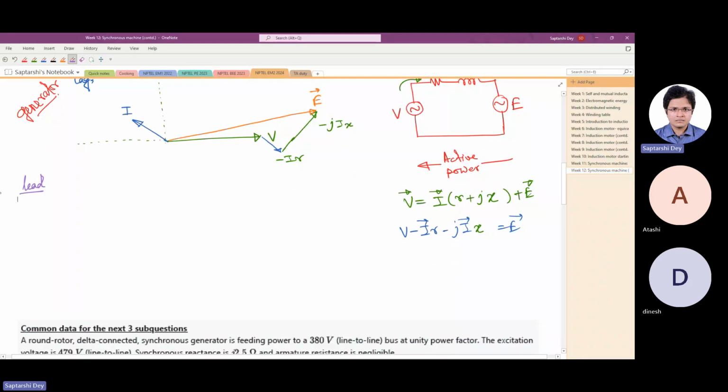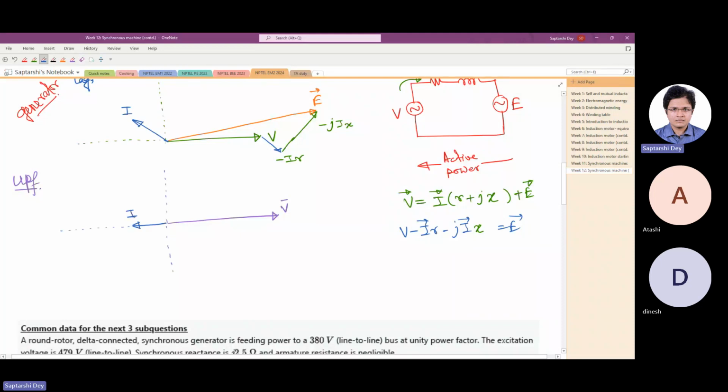Or no, let us not jump, let us do for UPF, unity power factor. Now for unity power factor, V is in this direction. So I should be exactly the other way.